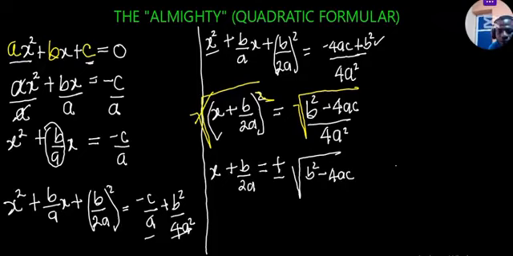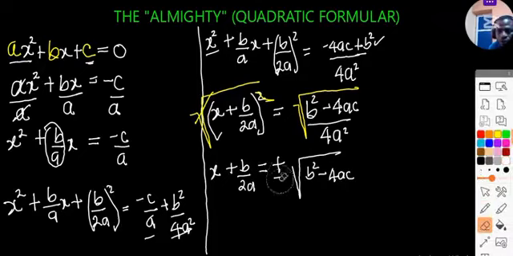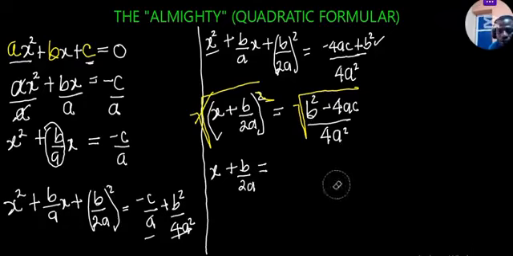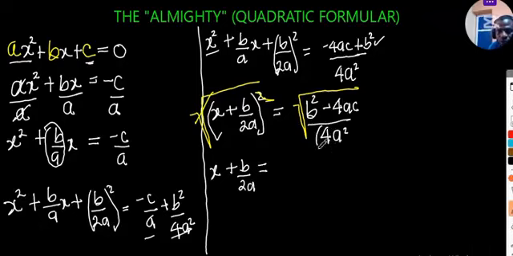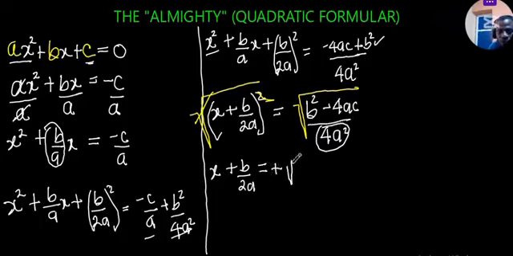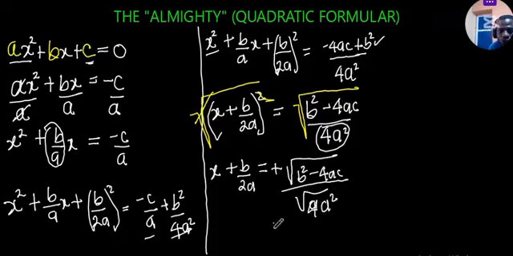Now we can split this. Since the denominator is a perfect square, you can split it this way: plus or minus the square root of b squared minus 4ac all over the square root of 4a squared.